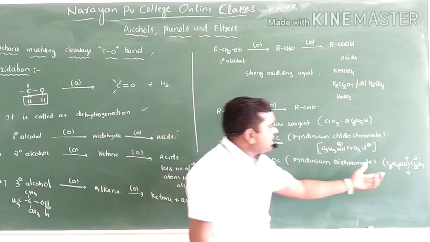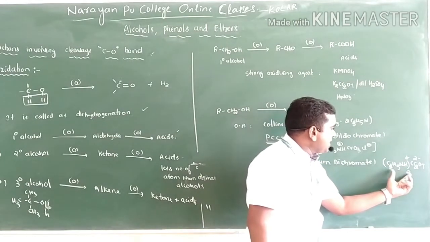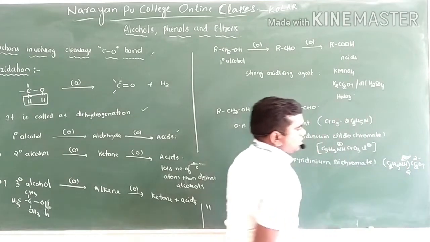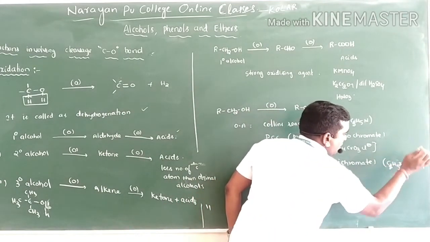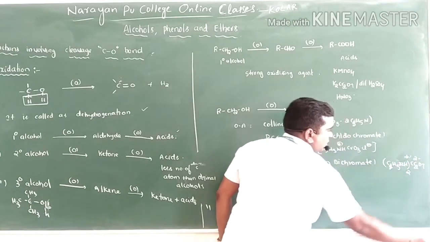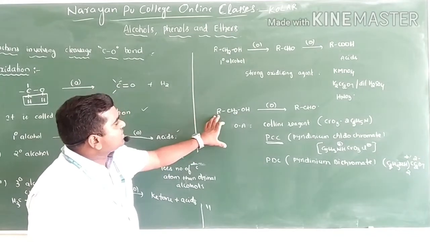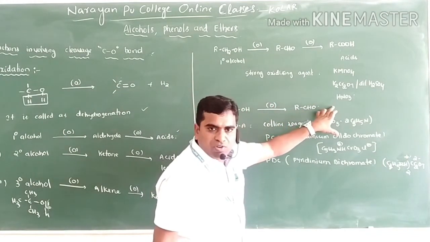This is like potassium dichromate, K2Cr2O7. Pyridinium dichromate: C5H5NH plus, which you can write with 2 plus in brackets, and Cr2O7 2 minus. And these are the oxidizing agents which convert primary alcohols into aldehyde. Further oxidation will not take place.